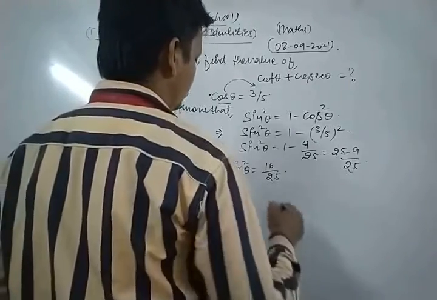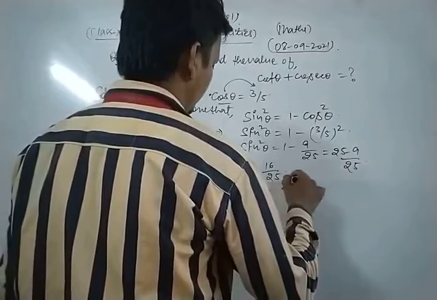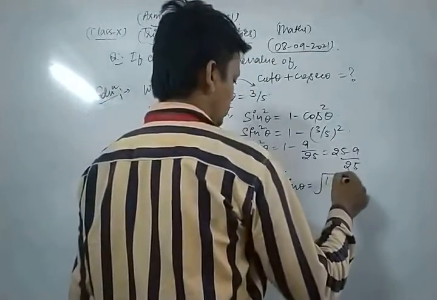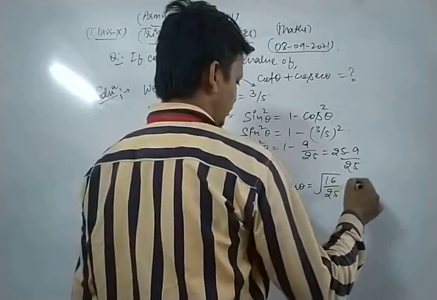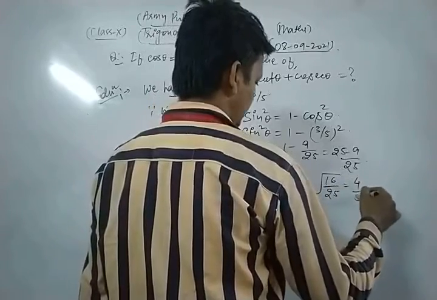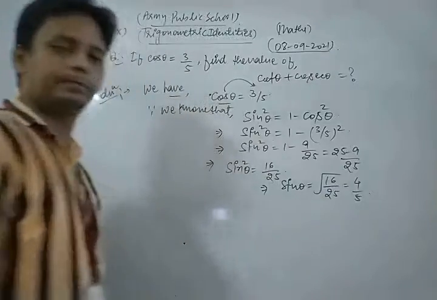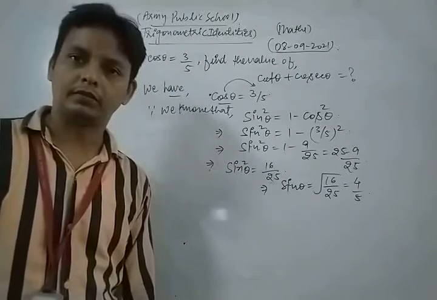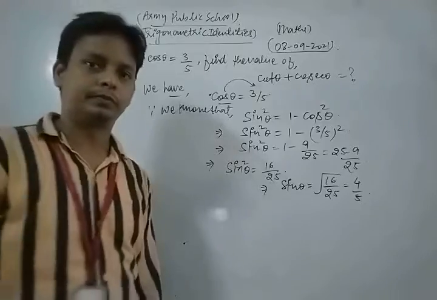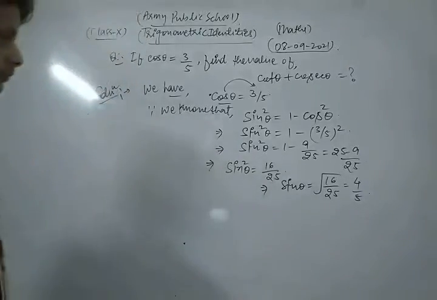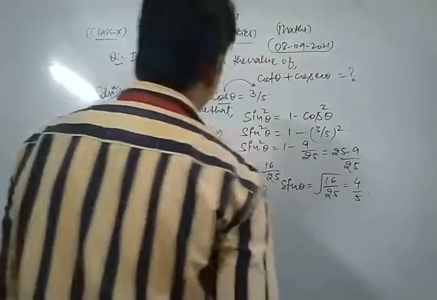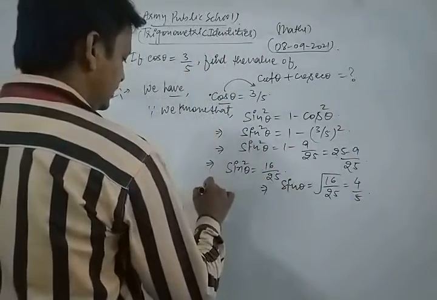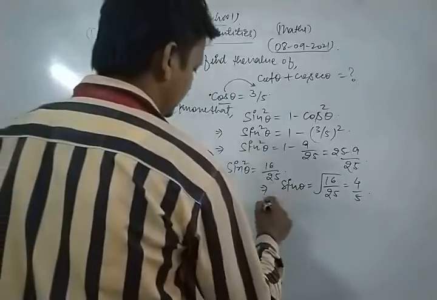So the value of sine theta is equal to the square root of 16 upon 25, that is 4 upon 5. Now in this way we have found the value of sine theta, and from it we find the value of cosec theta.